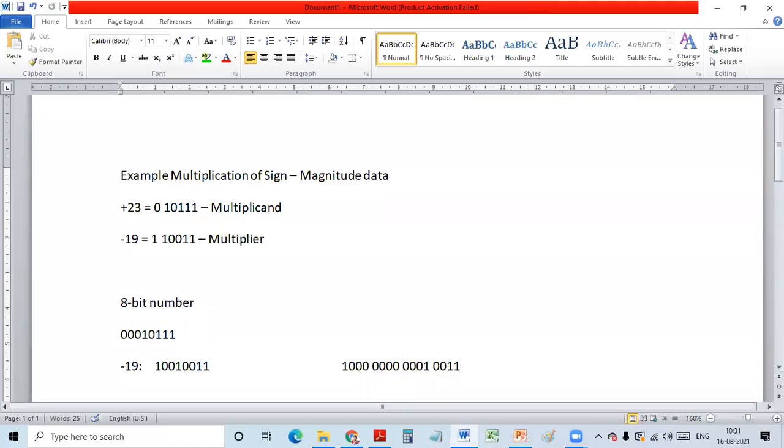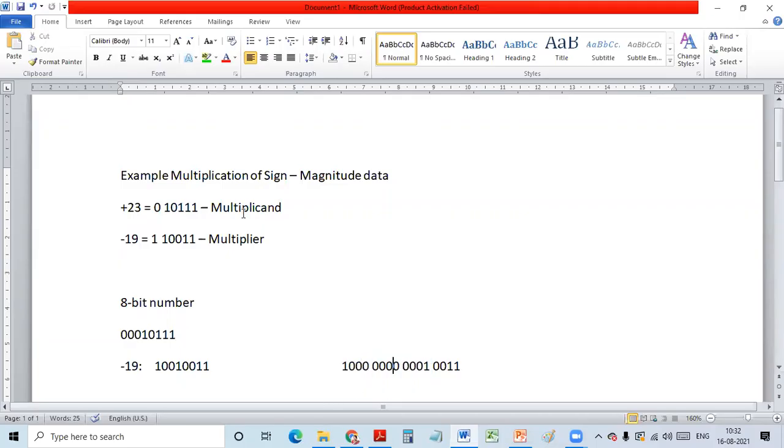Likewise, you have to represent sign magnitude data. Only the sign bit is dragged to the most significant bit position if you increase its length to 16 or 32 or any n. Remaining bits are all made 0. In the positive case, the sign is 0, so it won't be any problem. You can extend the remaining bits with 0. So this is sign magnitude data.